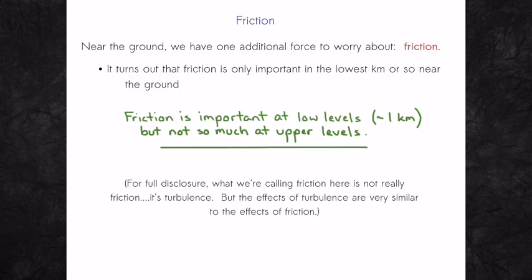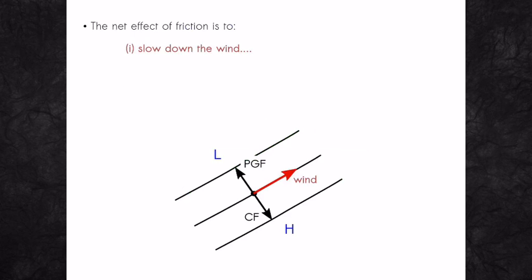Okay, so what does friction do to the flow? Well, let's suppose that we start with a flow configuration without friction, the same kind of thing that we diagnosed previously. We have high pressure on one side, low pressure on the other. We've got our contours here.